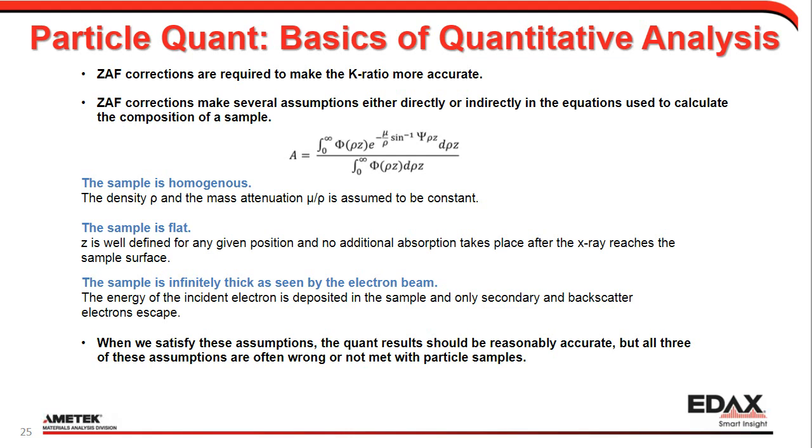It also assumes the sample is infinitely thick as seen by the electron beam. That means all of the energy is deposited inside the sample. When we satisfy these assumptions, the quant results should be pretty good. But the reality is our particle samples usually do not meet all of these assumptions.